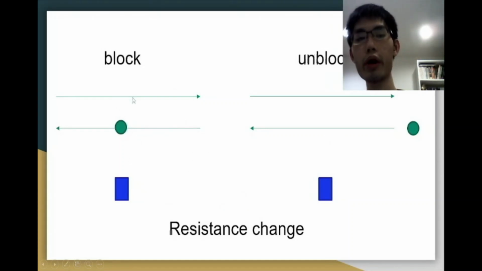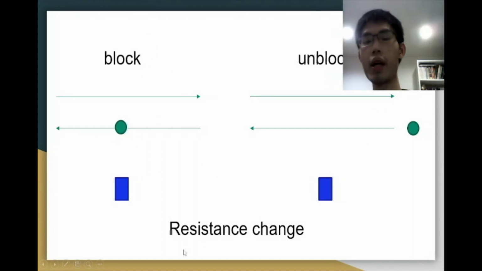Our particles on the cardboard will actually follow simple harmonic motion horizontally. So it will move periodically, and the blue one is the photoresistor. It will switch between blocked stage and unblocked stage due to the movement of the particle, and it will thus cause the change of the resistance and the generation of periodic waves.